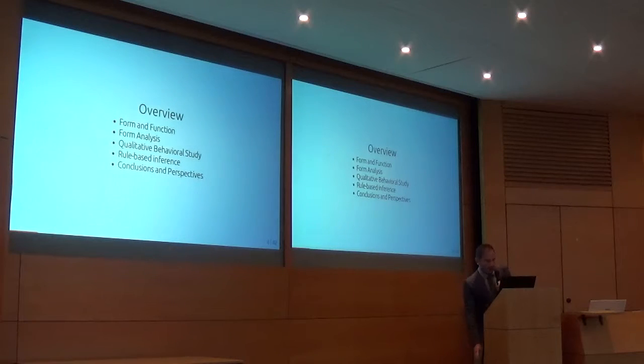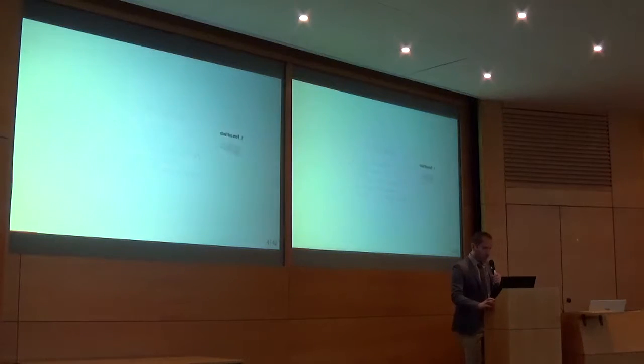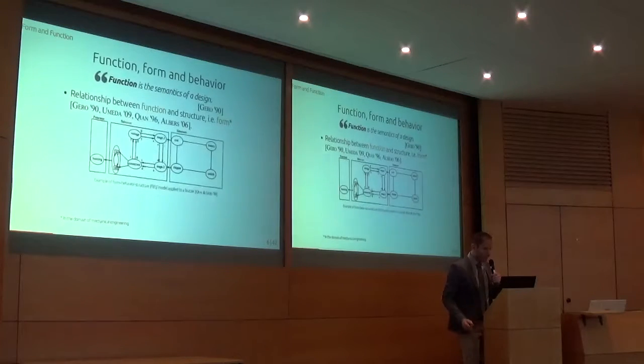In the rest of this presentation, I will go into more detail on each of the three stages of our proposed method. First, let me introduce a central paradigm to our research, that is the relationship between form and function. Functionality can be seen as what designers and engineers had in mind when they created their model.